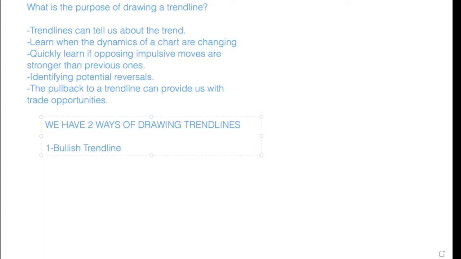Remember, bullish means something is going up. You use this trend line when your chart shows that price is going up. The second one is called a bearish trend line.